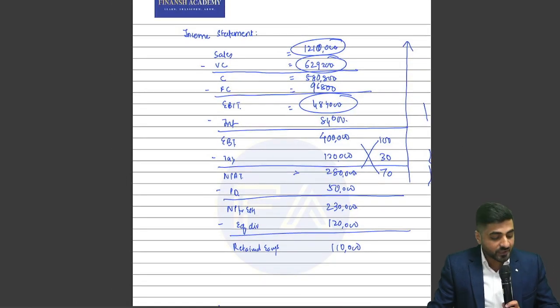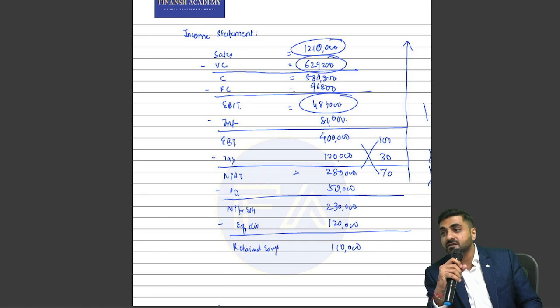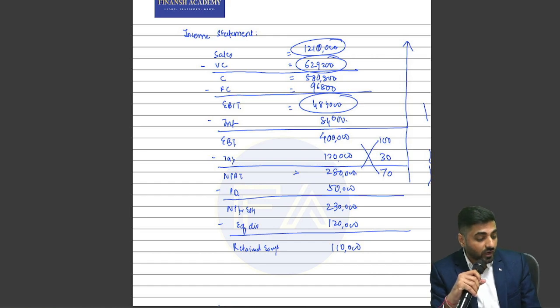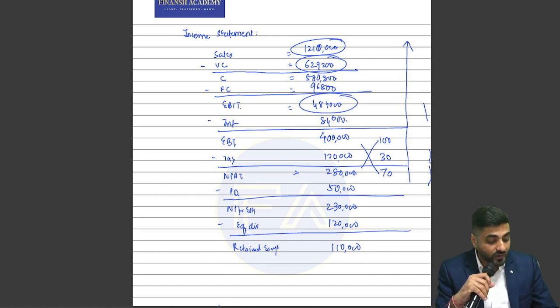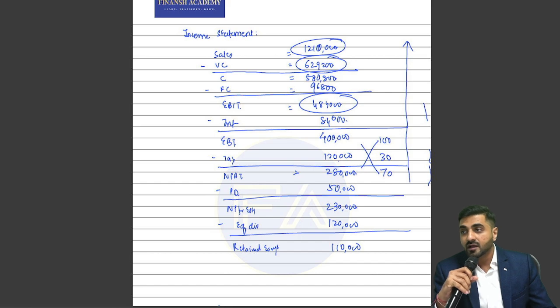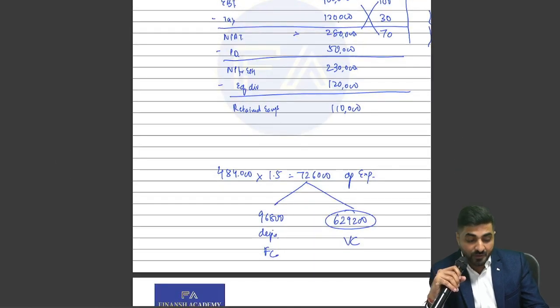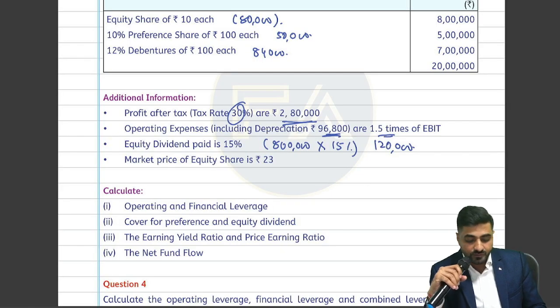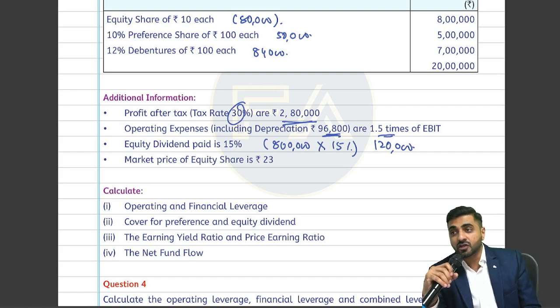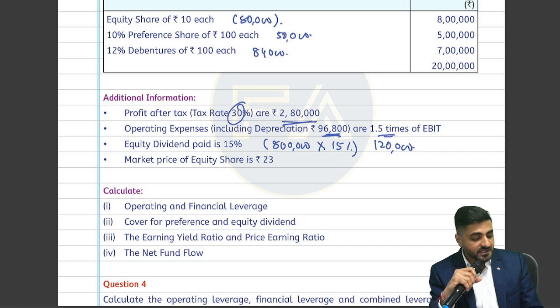I want you all to please solve what the ratios are. You have already done this income statement. You already prepared this working note also, beta. Now I want you all to work this out and make sure you don't make mistakes.